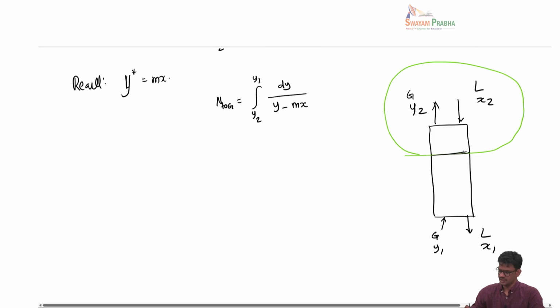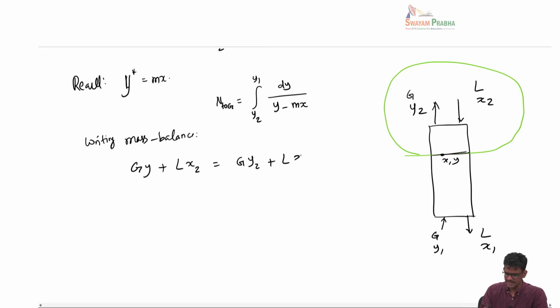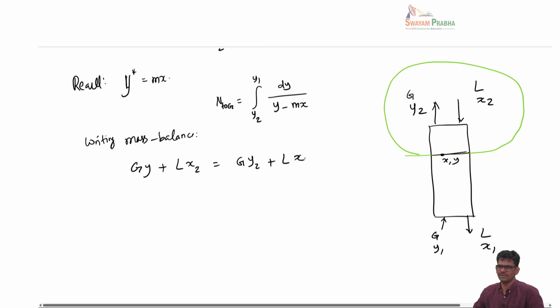Okay, so at this point we will call the compositions x and y. Writing the mass balance, you'll get Gy plus Lx2 is equal to Gy2 plus Lx. Okay, this is written for countercurrent operation using the top phase composition. You can do the same thing with the lower side composition also.